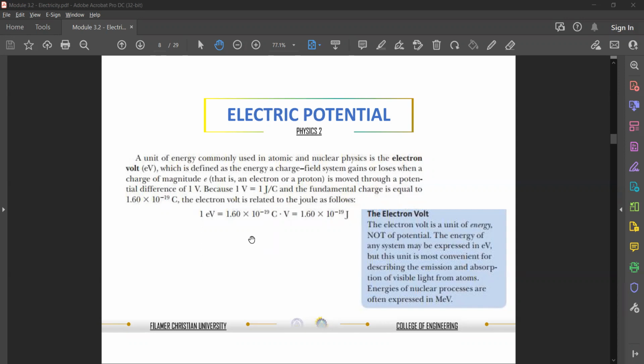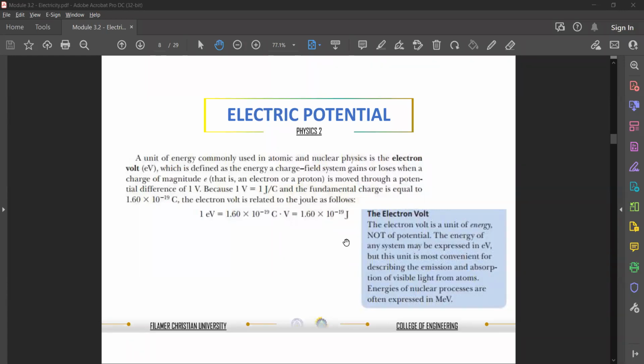So the electron volt is related to the joule as follows. Meaning, yung equivalent value natin ng 1 electron volt is equal to 1.6 times 10 raised to -19 coulomb volt, or that is 1.6 times 10 raised to -19 joules. So take note that the electron volt is a unit of energy and not of potential.